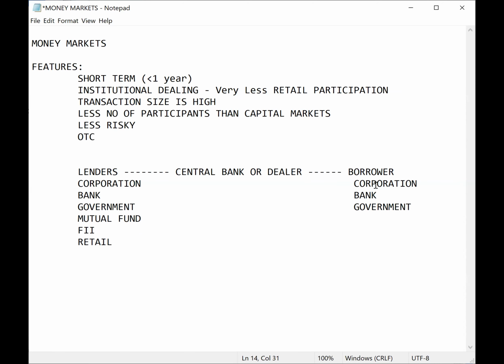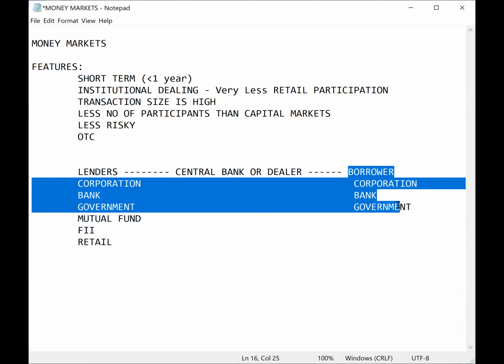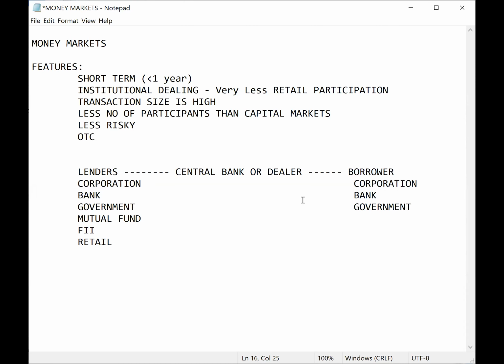Okay. So if any corporation, any company, any bank, or any government wants to raise funds in the money market for less than 1 year, they can raise them by issuing money market instruments to the lenders through a central bank or a dealer.